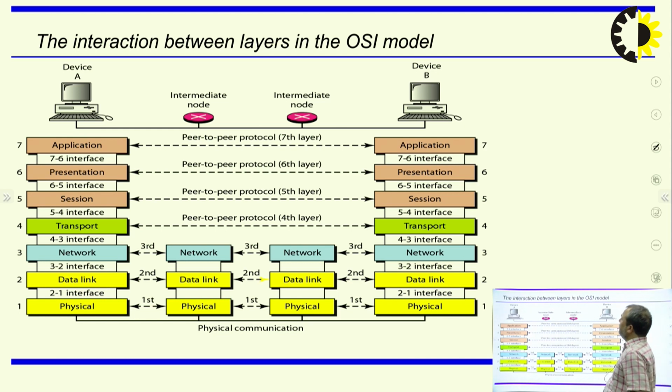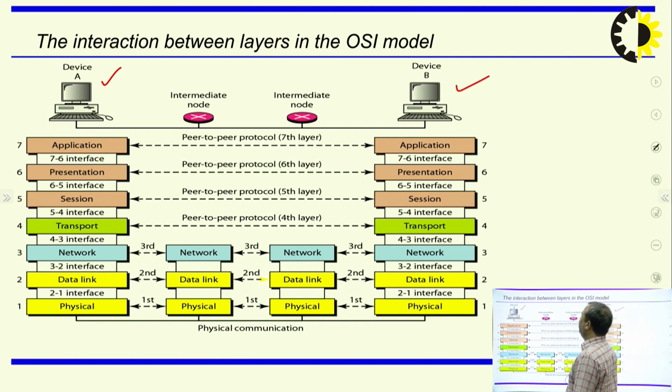Okay, so let's see what the functions of these 7 layers are, so that things could be categorized. For example, let's say there is device A on one side and a receiver side, device B. Suppose system A, or one device, wants to communicate with the other device. How could this communication be done, and what could be the model?